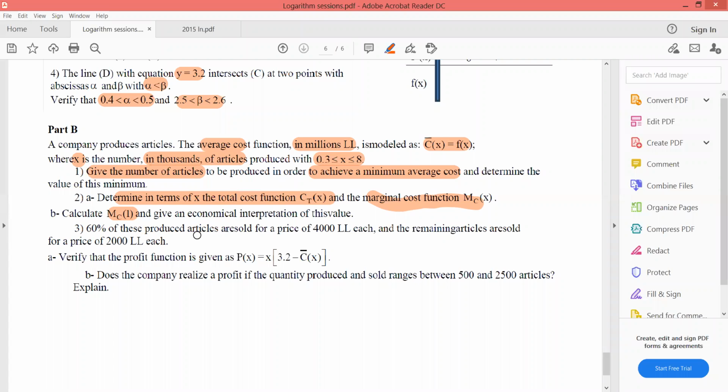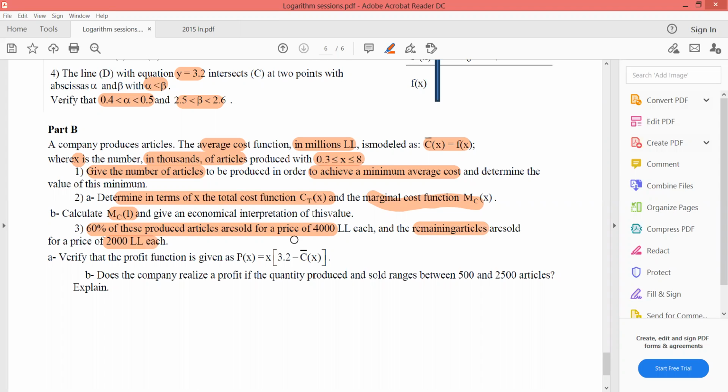60% of the produced articles are sold for 4,000 Lebanese lira, and the remaining articles, the other 40%, are sold for a price of 2,000 Lebanese lira.